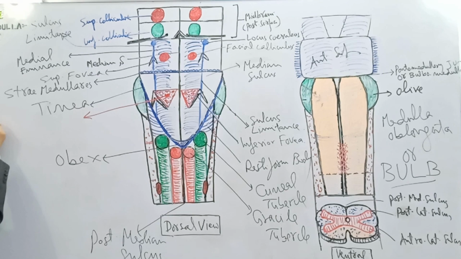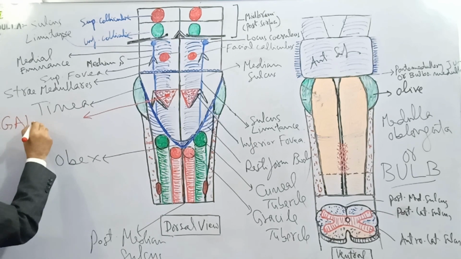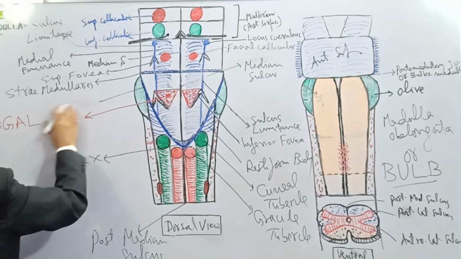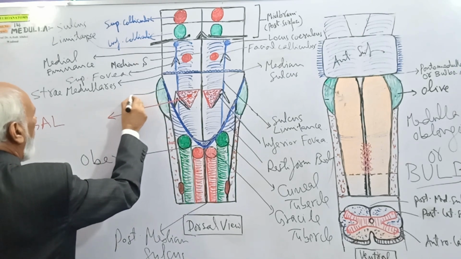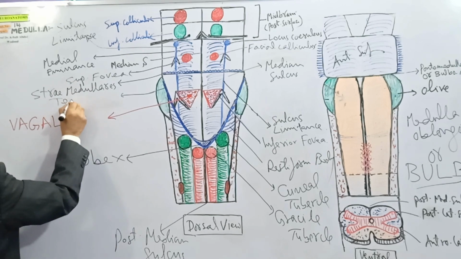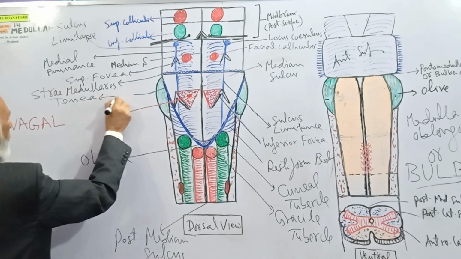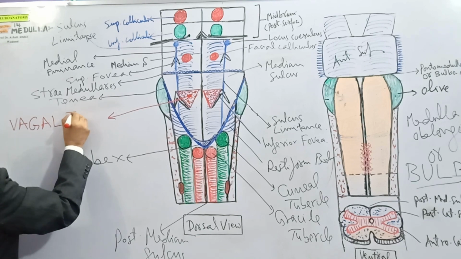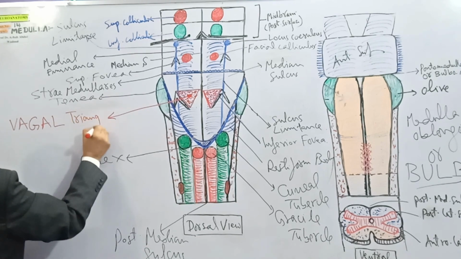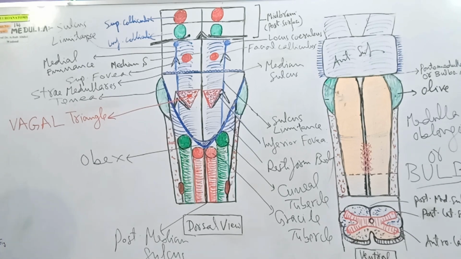This is known as the vagal triangle, also known as trigonum vagi.